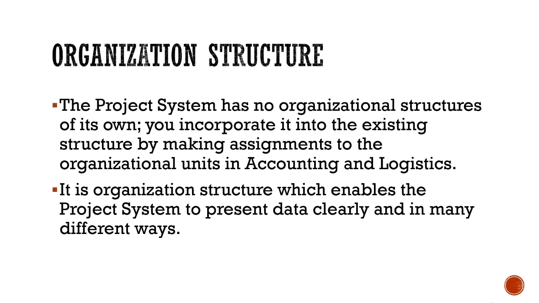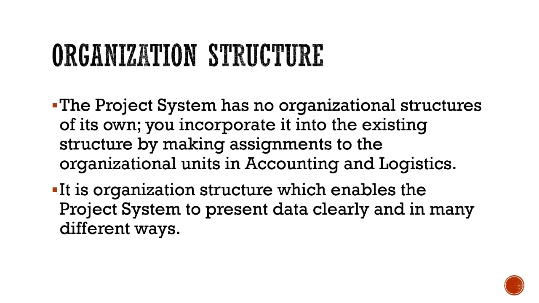That means the organization structure does not have just a company code or just a plant. It also has business area, functional area, controlling area, and you'll have some particular responsible cost center and some particular responsible profit center. All of those you'll be defining in the project system.